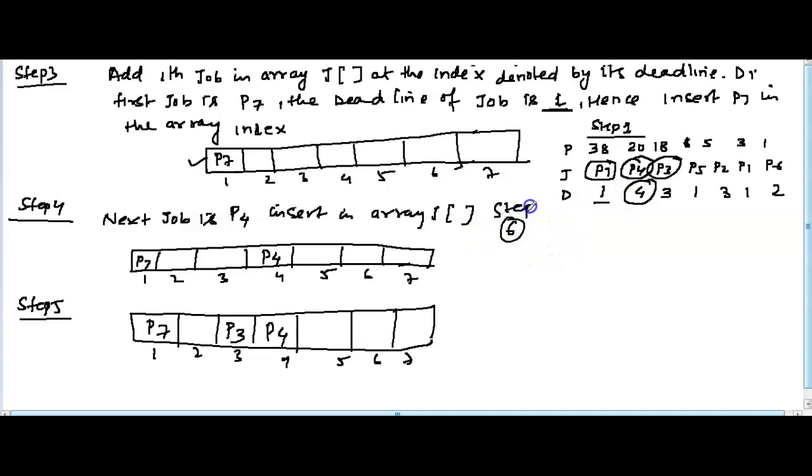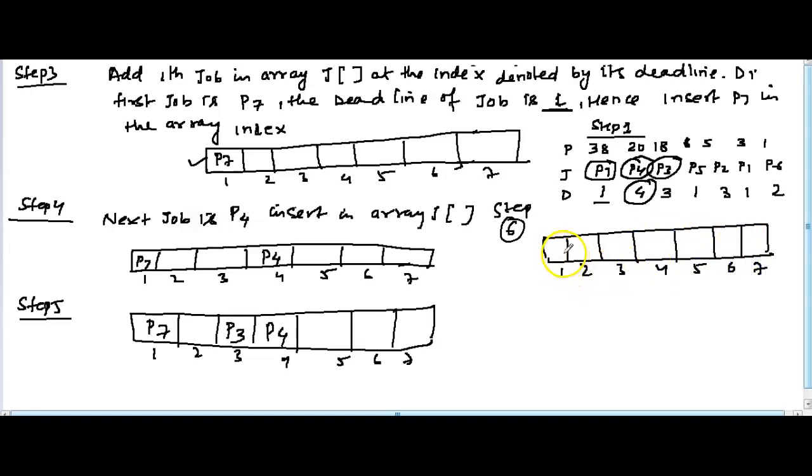Step 6 next. Again I will create the array here, first inserting the old values: 1 2 3 4 5 6 7. This is P7, this one was P3, this is P4, right? Now P5 is there, and you have to insert it in the first position.